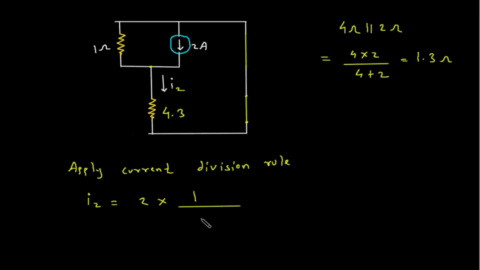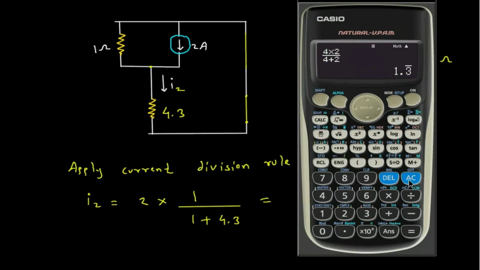So 1 plus 4.3. So this will be 2 into 1 by 1 plus 4.3. So this is 20 by 53 ampere.